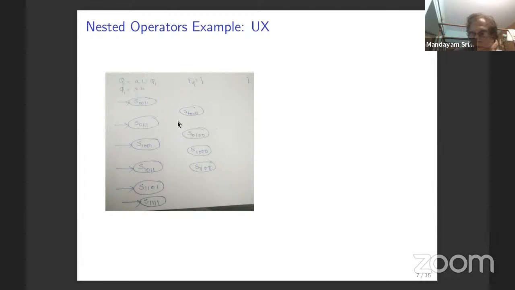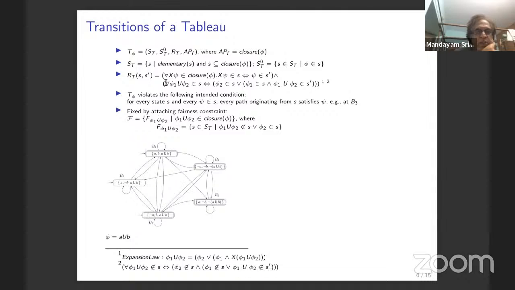So now you have to define transitions, okay? And as I said, the transitions are defined so as to preserve the expansion rules of the until operator and the X operator as they may appear.